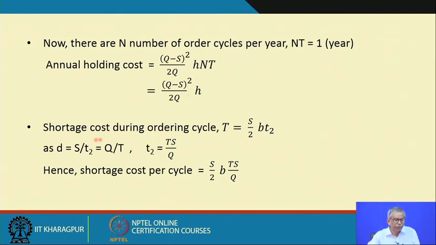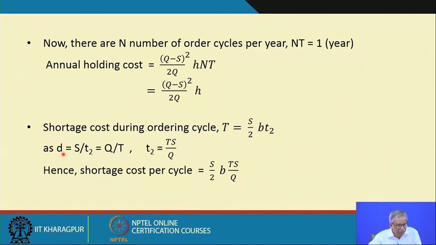Similarly, when you refer to the shortage cost, the shortage occurs during the ordering cycle T, but only during the T2 time period. That's why the average shortage is S by 2. B is the shortage cost or backordering cost per unit per year, and here it is to be time corrected, and the corresponding time is small t2.